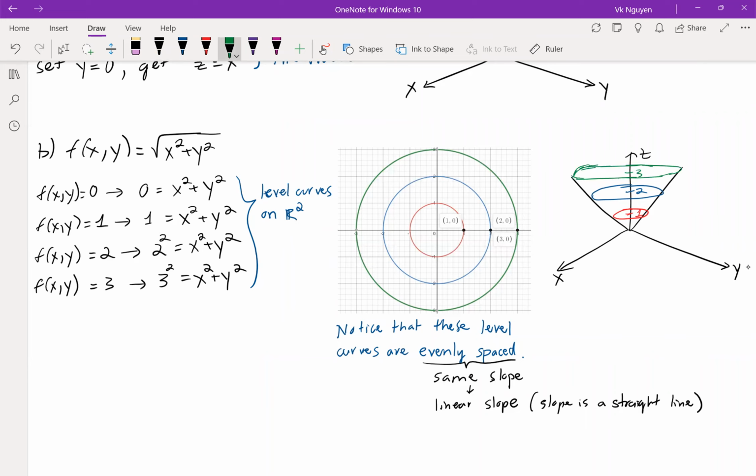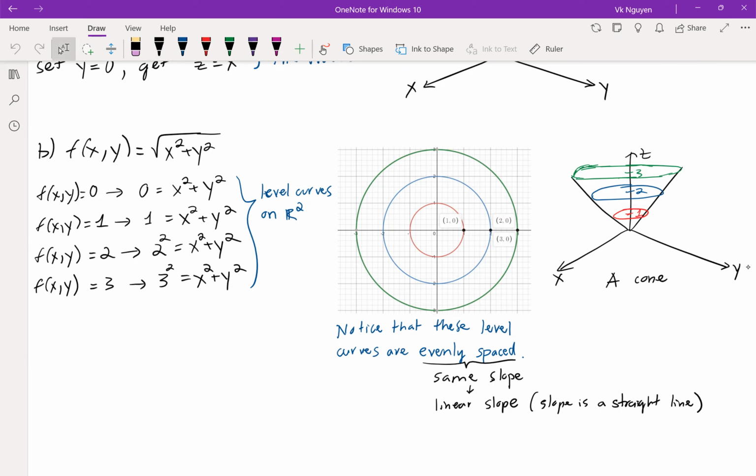Yeah, what we have is a cone. Okay. And then the 2 straight lines that I drew on there, they are traces.